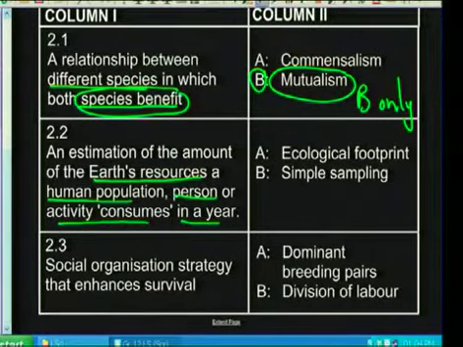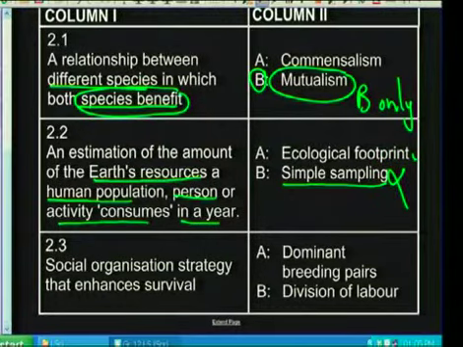So let's look at the options that are given. A is ecological footprint, and B is simple sampling. Now, if we look at B, simple sampling, this is a technique used to determine population size, and unfortunately it doesn't even relate to the statement made in column 1. So we can easily eliminate simple sampling, and that would be the wrong answer.